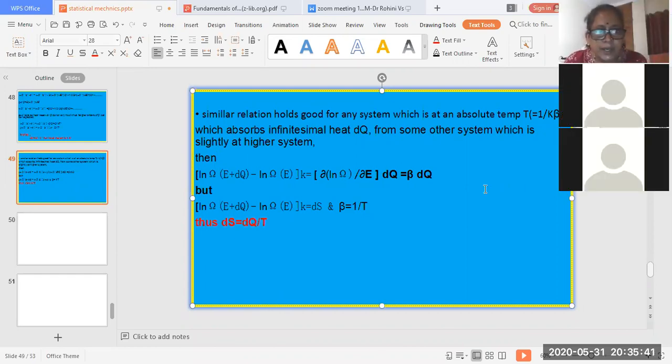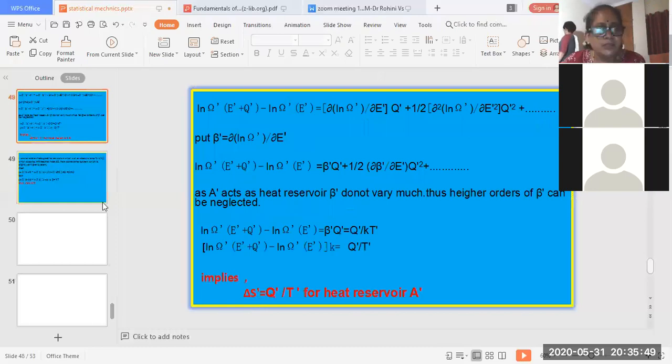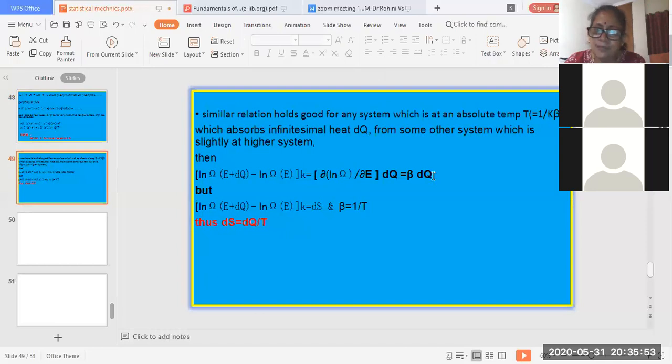So you can see here, earlier I wrote this equation for system A dash. Fine. So now you can see I am repeating the same equation for system A, that is the smaller system.